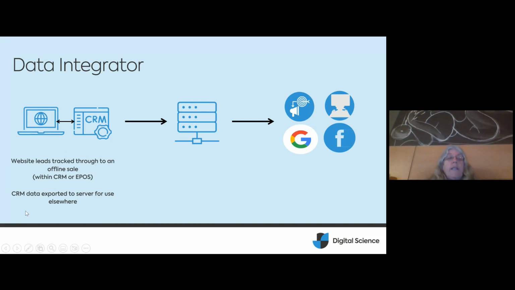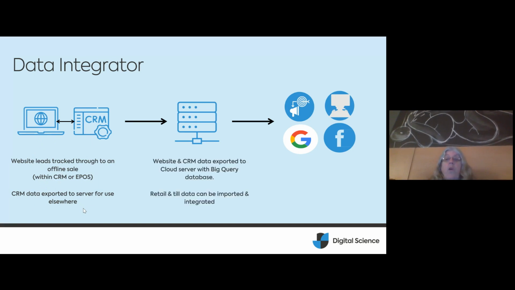And so what we need to do is we need to get the CRM data exported to the server so it can be used elsewhere. So basically how that works is the website and CRM data is exported to a cloud server with a BigQuery database.